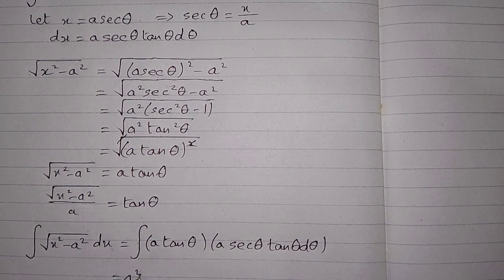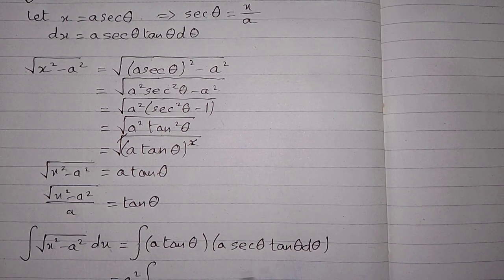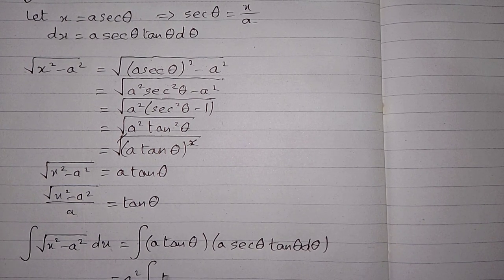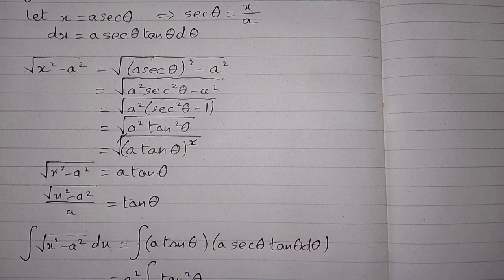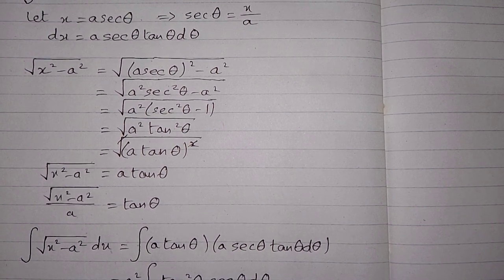So we have a square, a multiplied by a is a square, and tan multiplied by tan is tan square theta sec theta d theta.